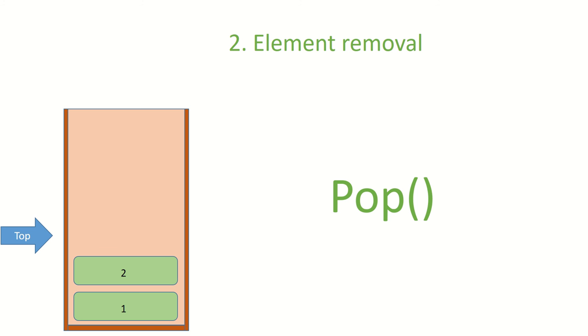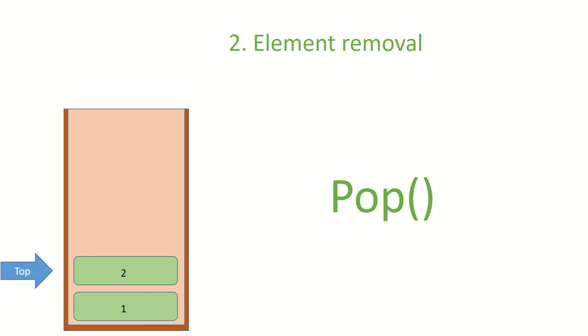And now the top pointer has to point to an element which is last inserted among the existing elements in the stack. So there are currently two elements, 1 and 2, and we inserted 1 first and then 2. So 2 becomes the last inserted element, and the top pointer will point to 2.